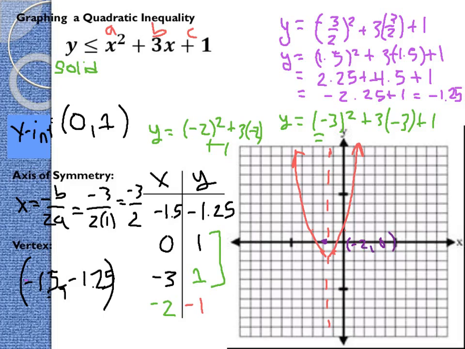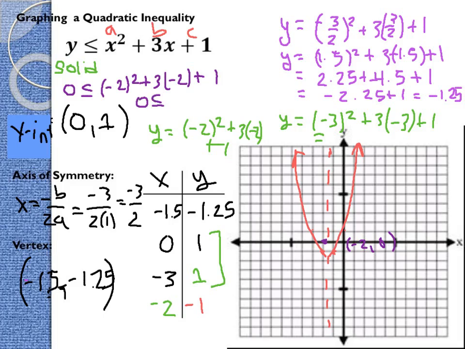So when I plug that into my inequality now, I get 0 is less than or equal to -2 squared plus 3 times -2 plus 1. So this gives me 0 is less than or equal to -2 squared, which is 4, plus 3 times -2 plus 1.